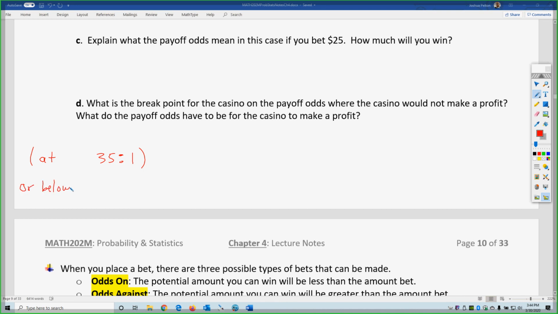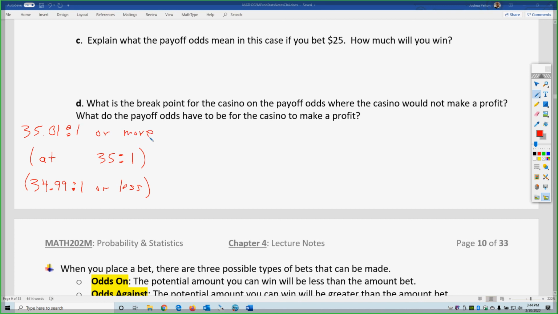Actually, we should reword that, because we could get 34.99 to 1 or less. Alright, obviously they're not paying pennies, but and then 35.01 to 1 or more.